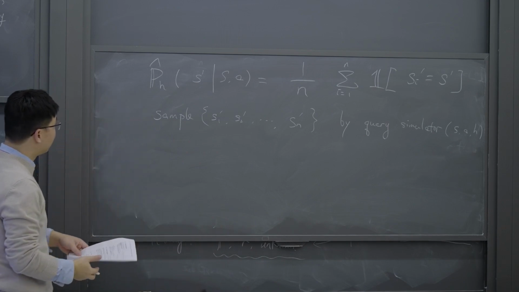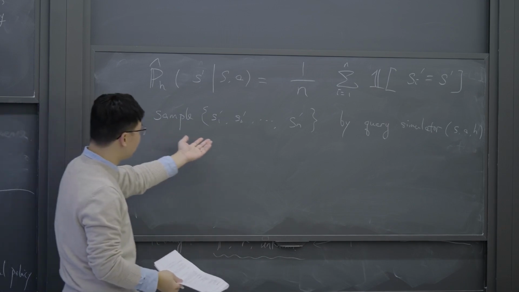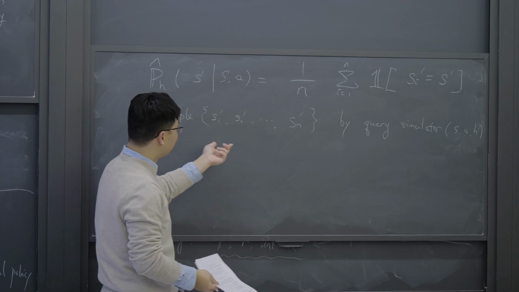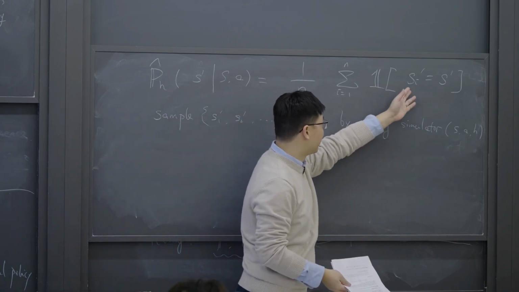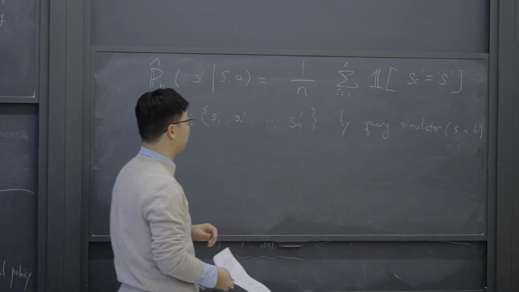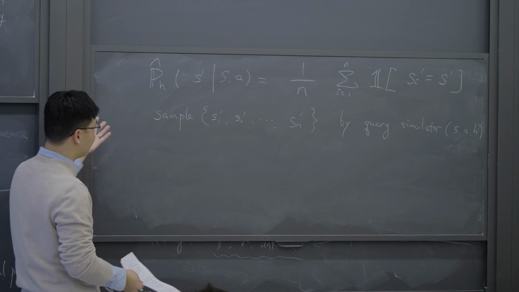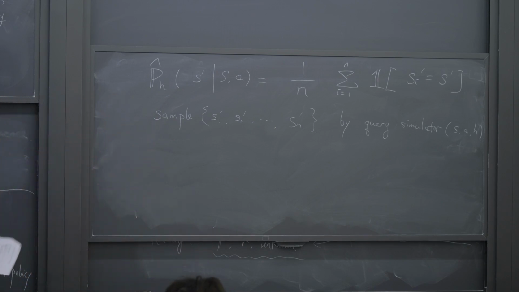So what is the probability I'm going to estimate? I will just look at all those samples, and I see basically how many times I observe the next state is exactly equal to s'. And I divide it by n. This is essentially my empirical frequency, and I use this as my estimate of the transition probability.